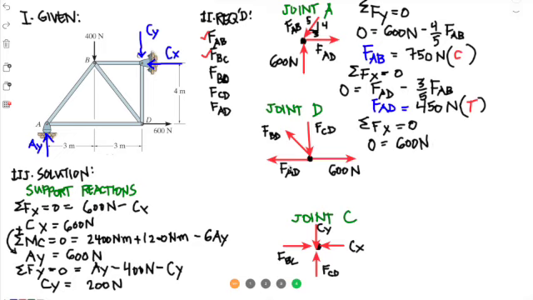We have FAD is negative here, so we have negative 450 Newtons, and we have another negative. What's this ratio again? This ratio is again a 3-4-5 triangle, so we can use that ratio to find the X component, which is 3/5 of FBD.